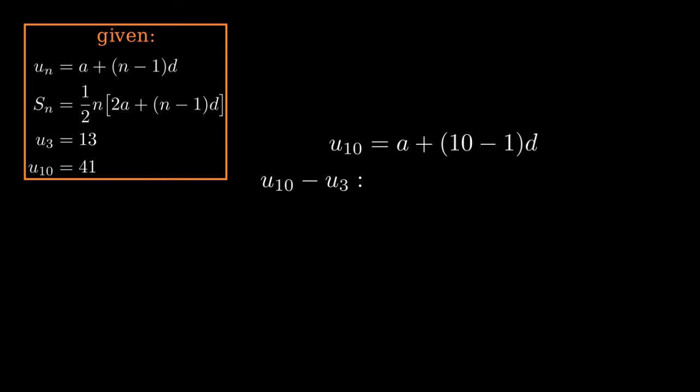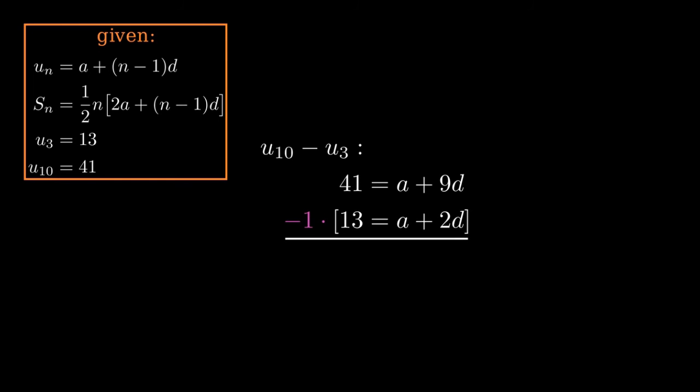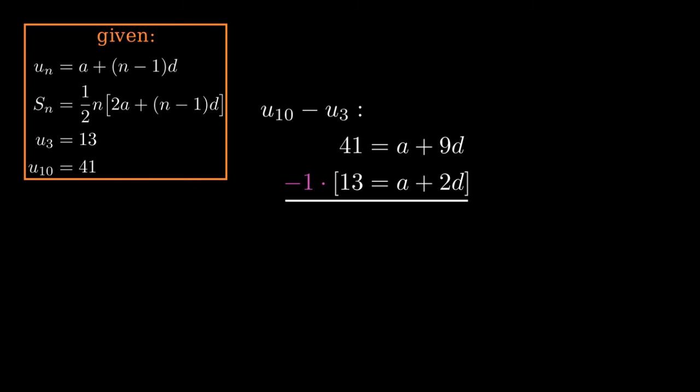When I say subtract, the way I'm writing it is I'm multiplying U sub 3 by negative 1 and then adding it, but it's just the same as subtracting. Okay, and so the result is 28 on the left side. The A's are eliminated and 7D on the right side remaining.